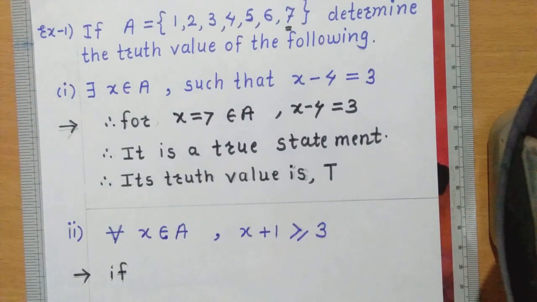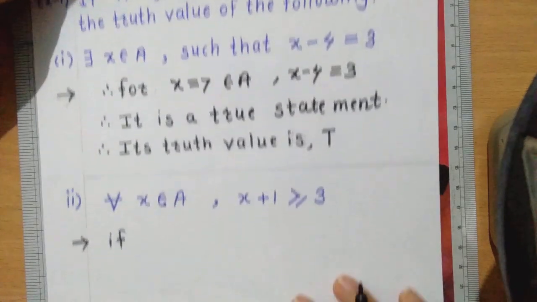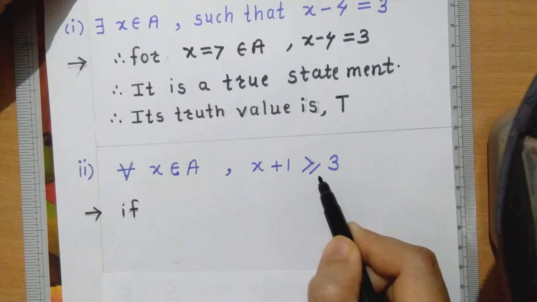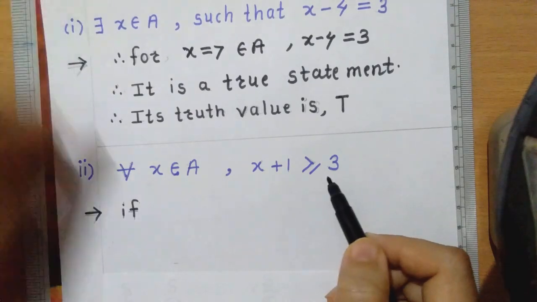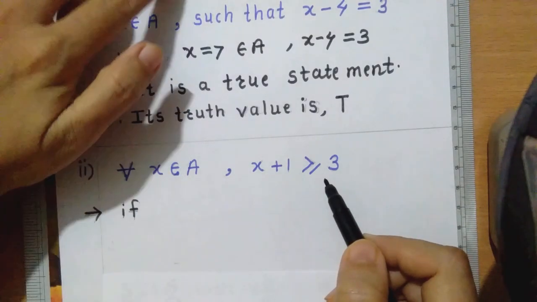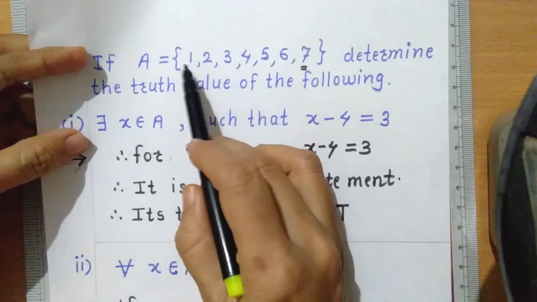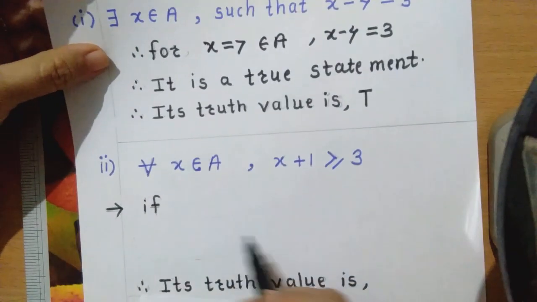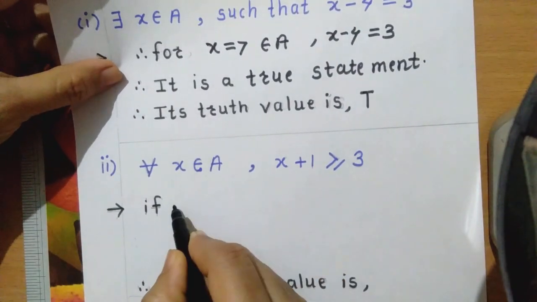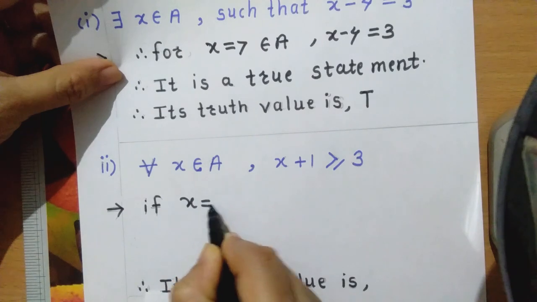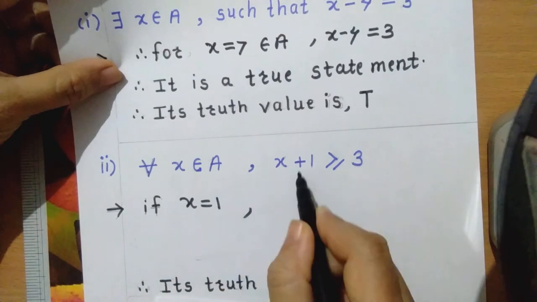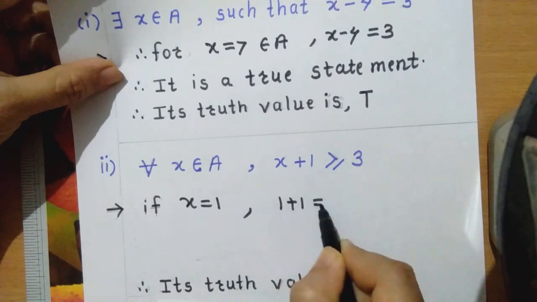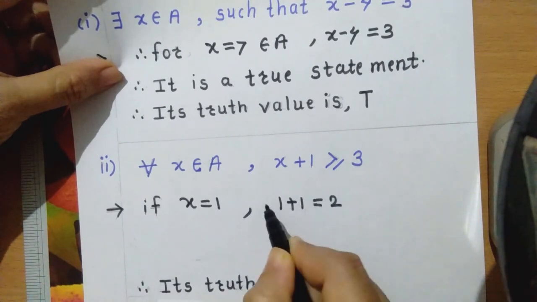Let's see another example. For all x belongs to A, x plus 1 greater than or equal to 3. That means we have to check for all values of A, 1, 2, 3, 4 up to 7, and it must be true. First we check for x equal to 1. Substitute this value in the left hand side: 1 plus 1 is equal to 2.